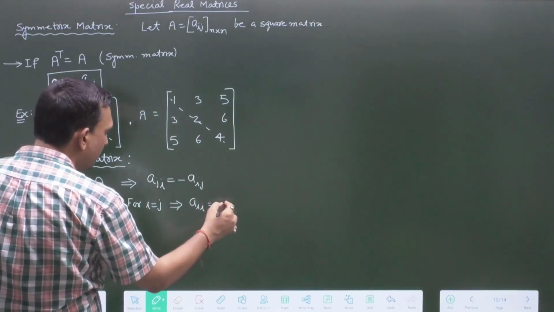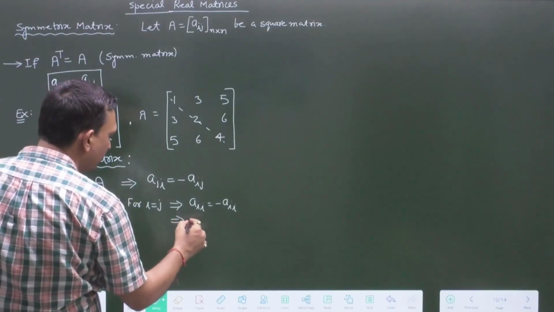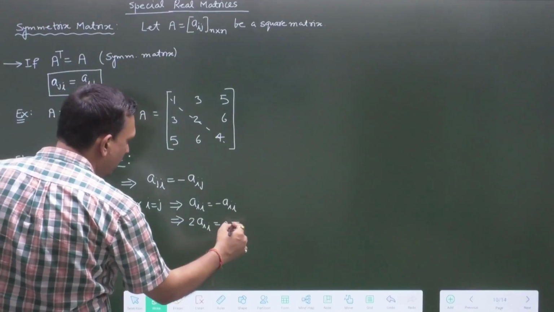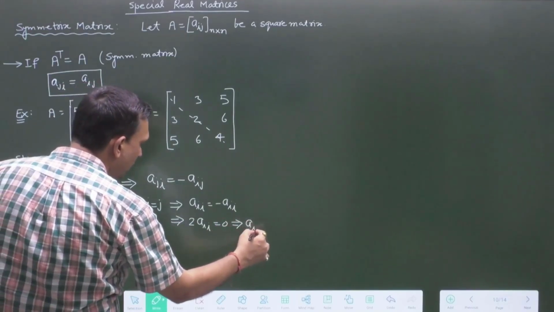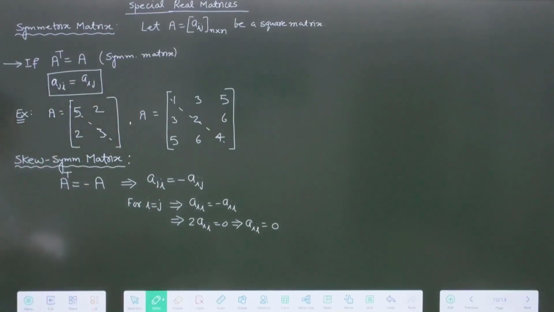Aii is minus of Aii, so that will give you 2 Aii is 0, or Aii will be 0. So the main diagonal elements must be 0 in a skew-symmetric matrix.